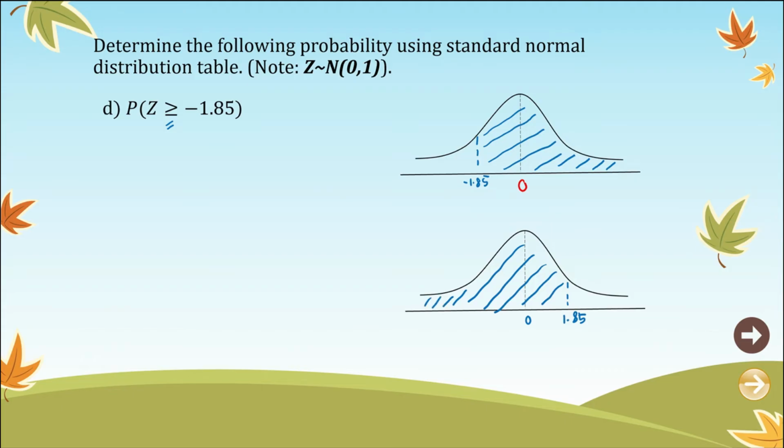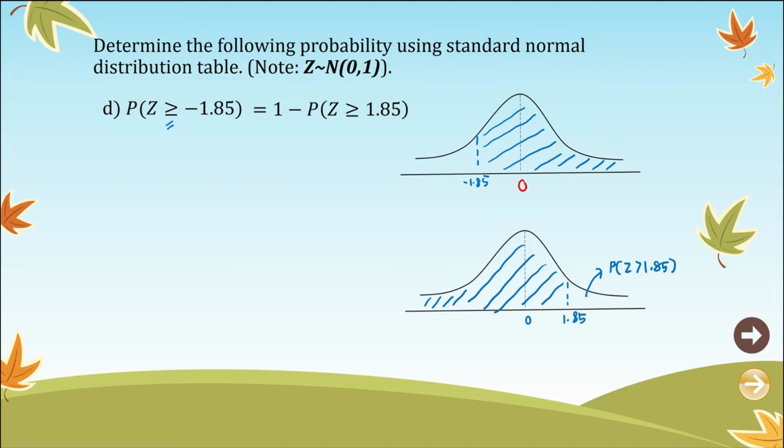So please remember, the area when we reflect the value should be the same as the original one. If we read the table at 1.85, we will get this area, greater than 1.85. So to get the area on the left side, we have to use 1 minus P(Z greater than or equal to 1.85).